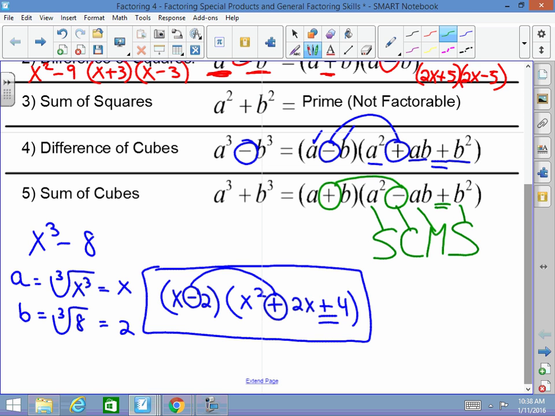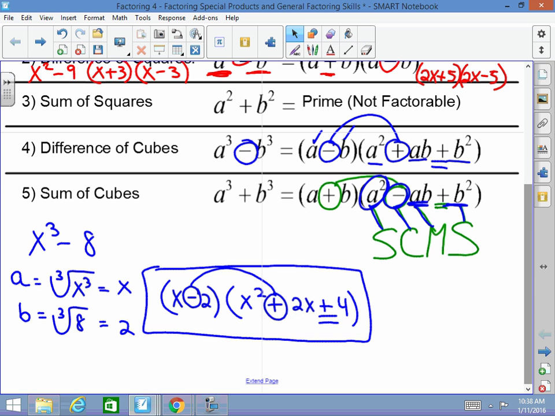Not bad, right? Square, change sign, multiply, square. Yes, sir. That's for both difference and sum of cubes. Both have the same exact formula.